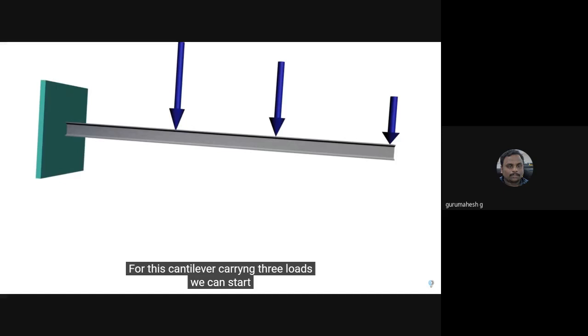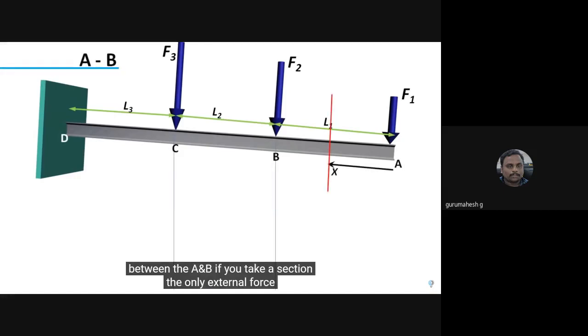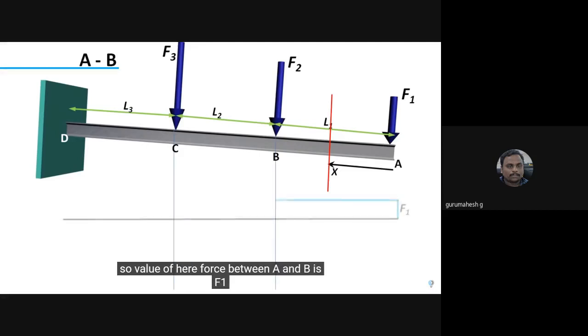For this cantilever carrying 3 loads, we can start analysis from the free end. For between A and B, if you take a section, the only external force acting on it is F1. So a shear force should be induced in the section to balance this force. So the value of shear force between A and B is F1.